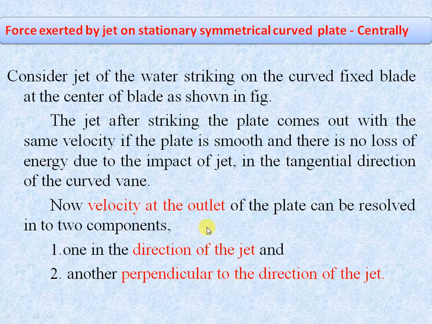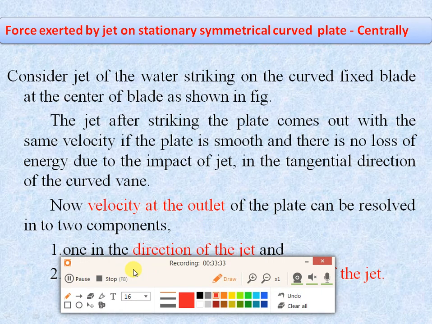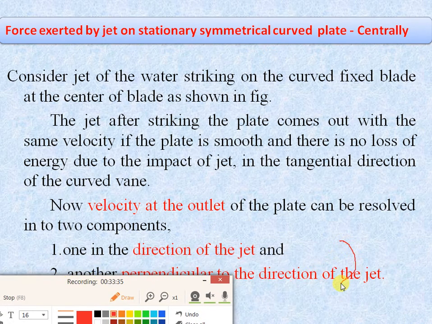So consider it is a curved plate, and the jet is at the center. When water strikes a curved plate, our assumption is that the plate is smooth, so there is no loss of velocity.